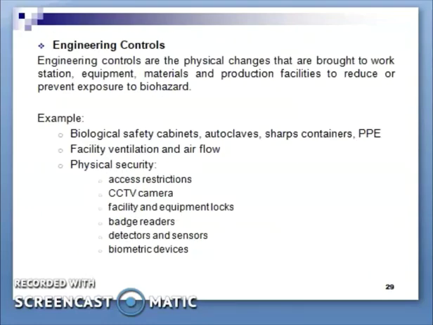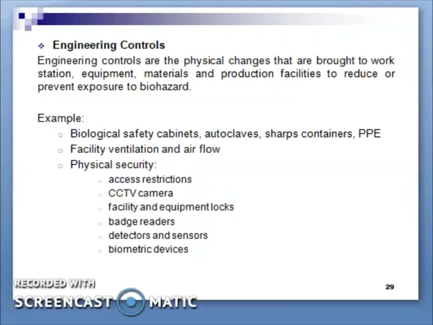The second type or class is the engineering control. Engineering controls are the physical changes that are brought to workstation, equipment, materials, and production facilities to reduce or prevent exposure to biohazard.